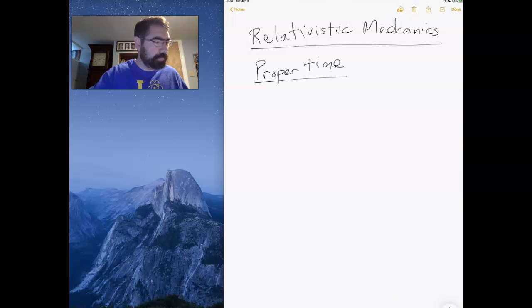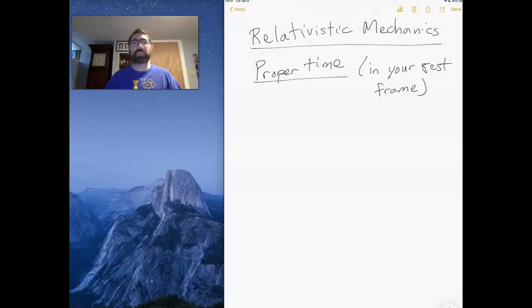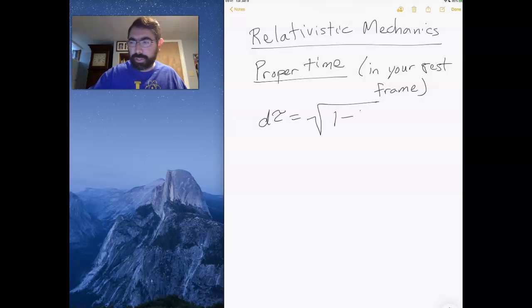Proper time is essentially the time measured in your rest frame. So when you declare yourself to be at rest, the time that you measure is considered the proper time. And we can define that proper time interval. We're going to use tau for proper time, which is the square root of 1 minus u over c squared dt. So this is, like I said, our proper time.